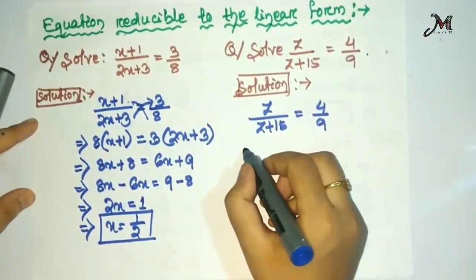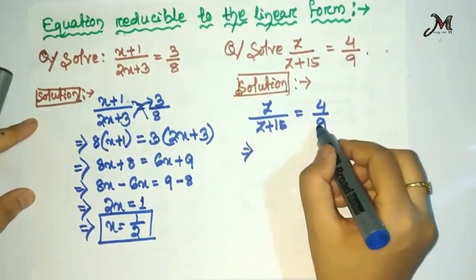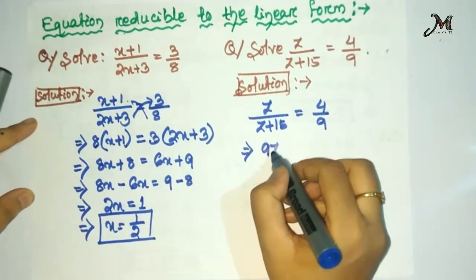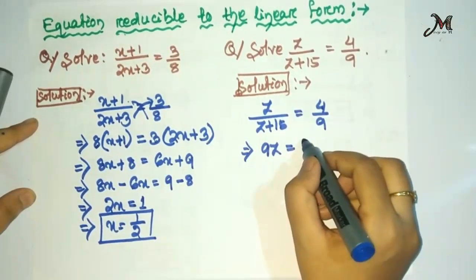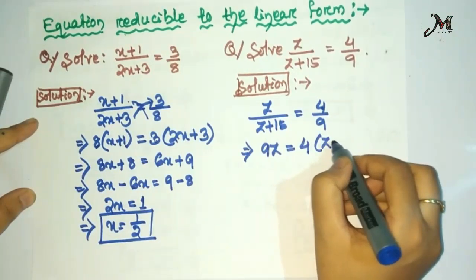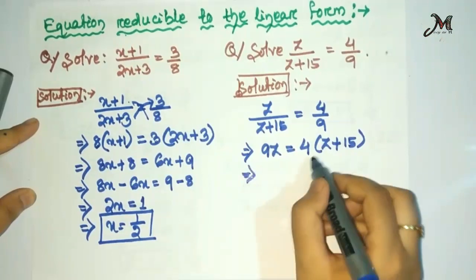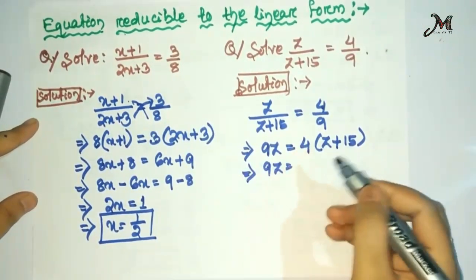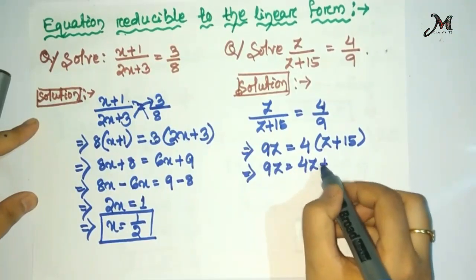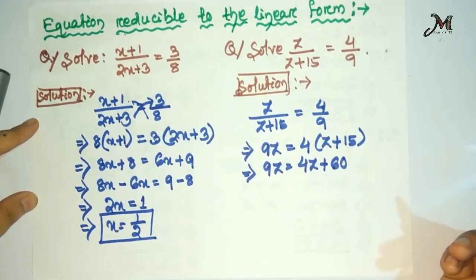Now we'll just cross multiply these two terms. Okay. So z into 9 is equal to 9z, is equal to 4 into (z plus 15). In the next step, we'll just simplify the right term. Okay. So 9z is equal to 4 into z, 4z, plus 4 into 15, that will become 60. Clear?